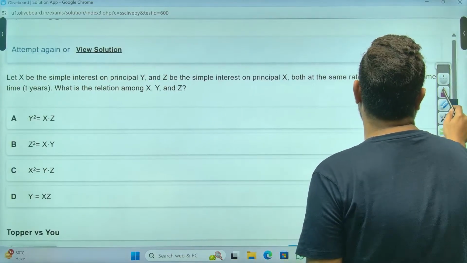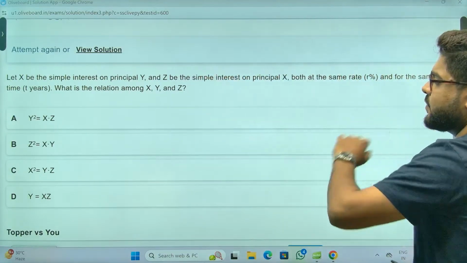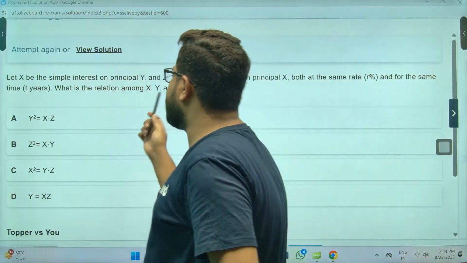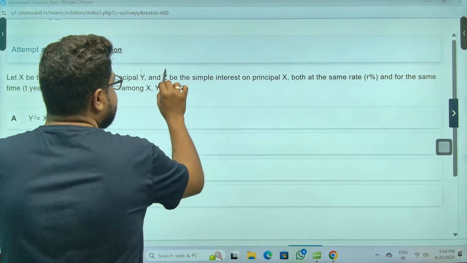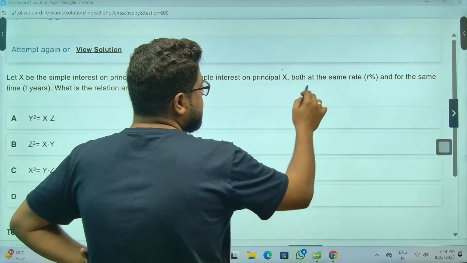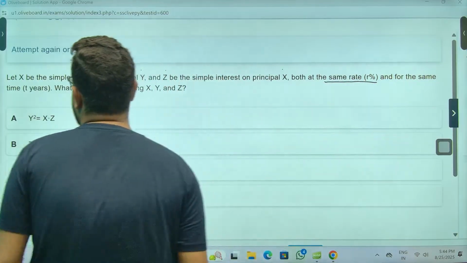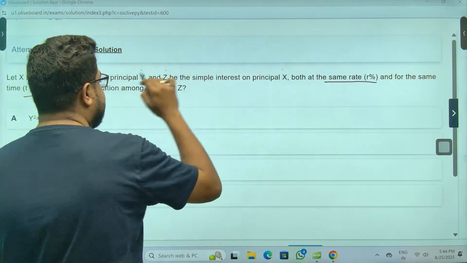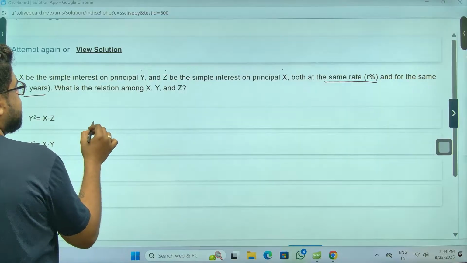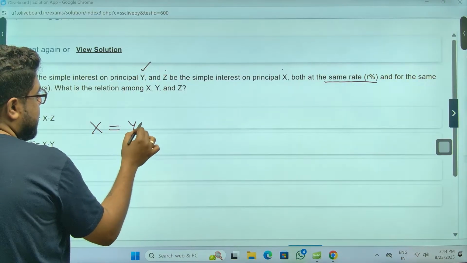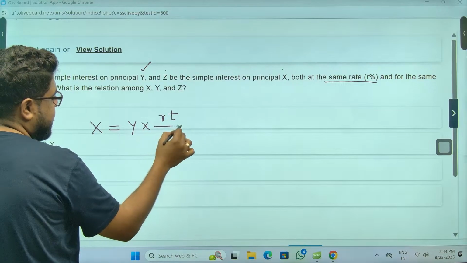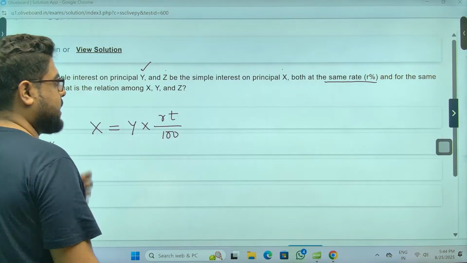Again, sir, a little confusing. The language is a little confusing. X is the simple interest on principal Y, and Z is the simple interest on X, both at the same rate for the same R% years. Simple interest is X, principal is Y into RT by 100, correct?